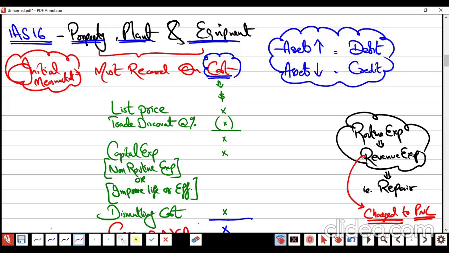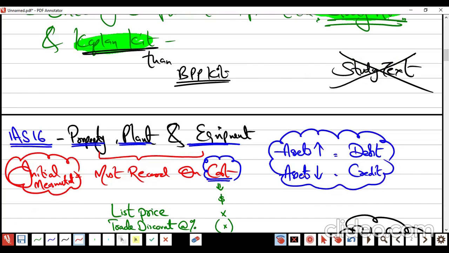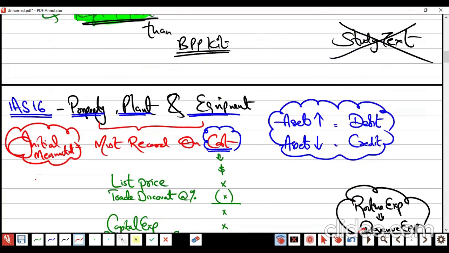So you plan to buy a car directly all the way from Japan. You paid the dealer the list price of the car. He gave you around 5% discount, you deduct everything, and you pay him online. So is that a capital expense or a revenue expense? Capital expense. Very good.